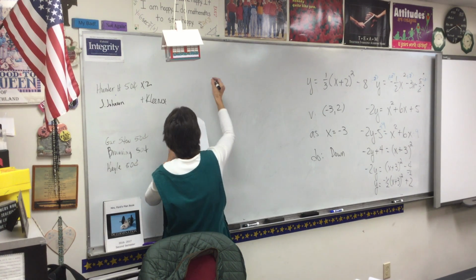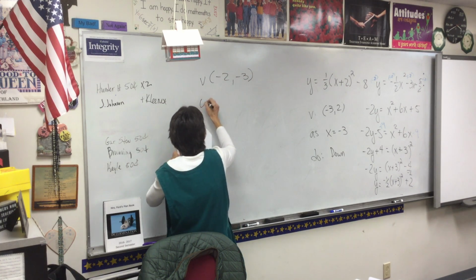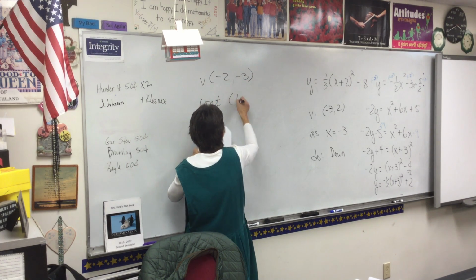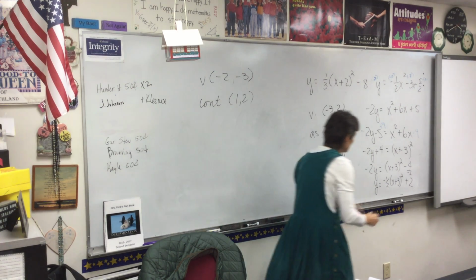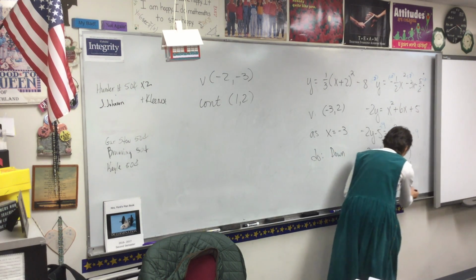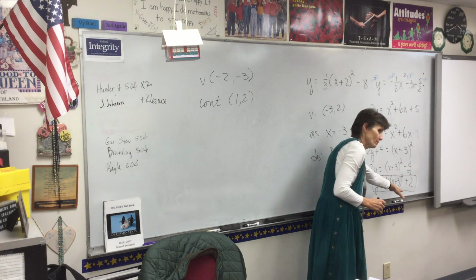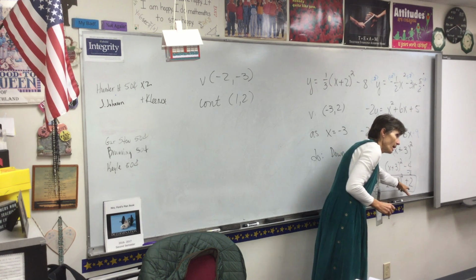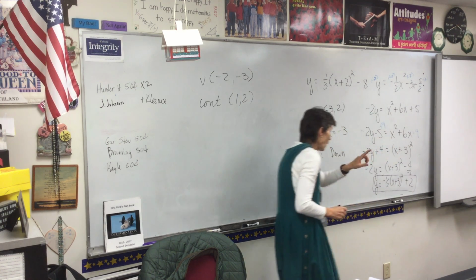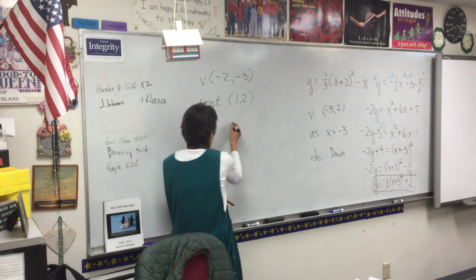This is backwards. So I need you to really pay attention here. This isn't hard. I need you to look at this equation right here that we just finished. And what did you tell me the vertex of this was? Negative 3, positive 2. So I want an equation that looks like that one.